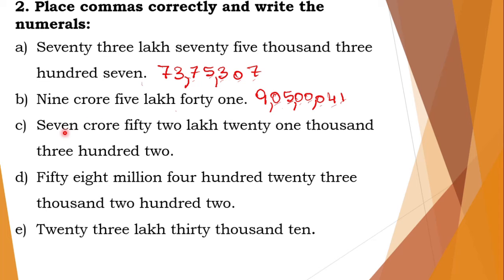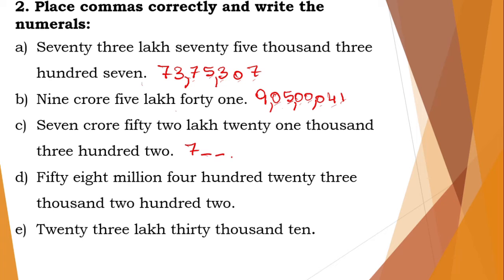So in the third question we have 7 crore 52 lakh 21,302. Now again we have 7 in the starting. So we will put 7. Now the place value you can see is crore. So we will put 7 dashes because crore has 7 zeros.